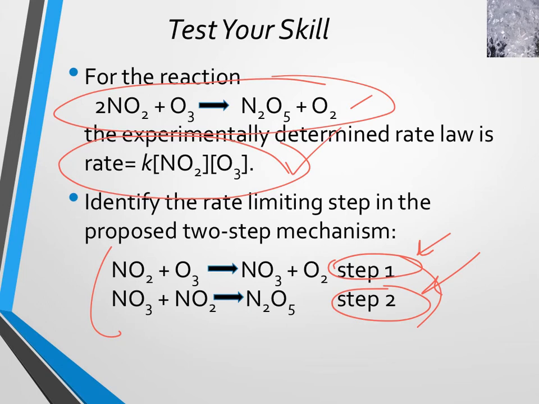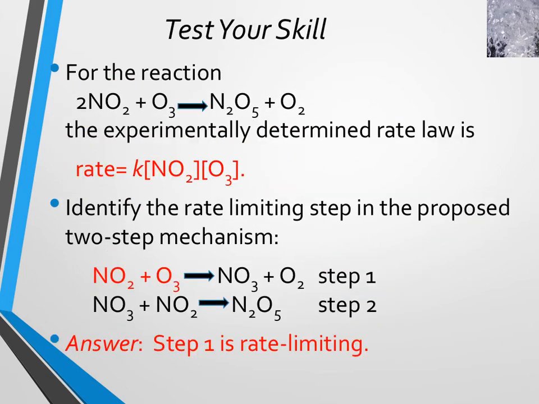My hint to you is remember that you can write rate laws directly from elementary steps. So play around, see if you can figure it out yourself, and if you can, you're in an awesome place. If you can't, that's fine. Just listen to the rest and you'll get it eventually. Alrighty. So since you can write rate laws directly from elementary steps, let's go ahead and write the rate laws.